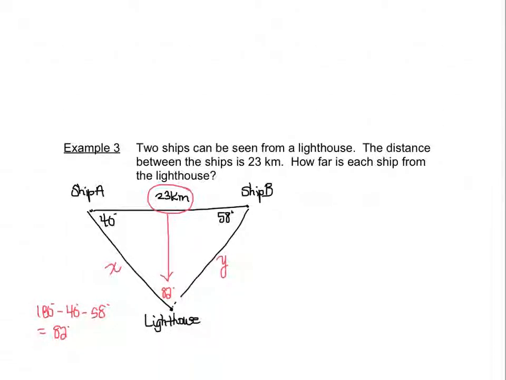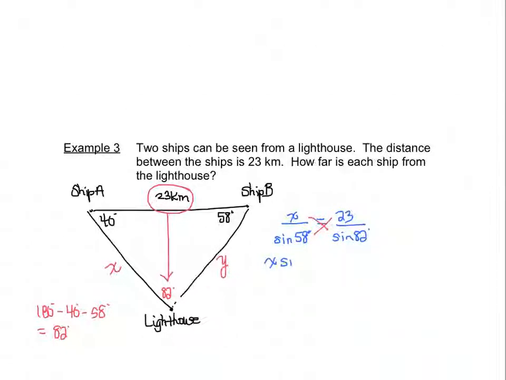Okay, so now if I'm going to solve for the measure of X, the distance the first ship is from the lighthouse, we'll say X over sine 58 is equal to 23 over sine 82. And we'll worry about Y in a minute. Cross multiply.